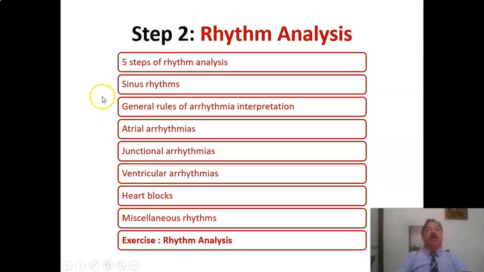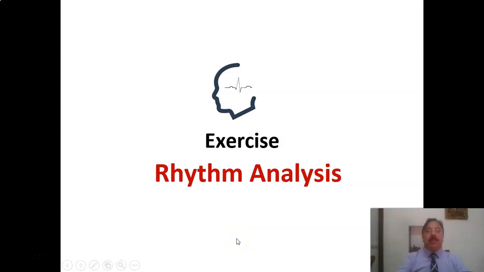All right, so far we have gone through all the components in rhythm analysis. That includes the 5 steps of rhythm analysis, sinus rhythms, general rules of arrhythmia interpretation, atrial arrhythmias, junctional arrhythmias, ventricular arrhythmias, heart blocks, and miscellaneous rhythms. This is the time to go through an exercise about rhythm analysis.